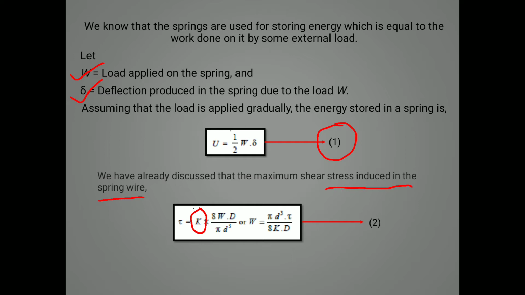The formula of K we have already discussed; it is the Wahl's correction factor, which is due to the curvature effect of a spring. So tau is K into 8WD by pi d cube, or W is equal to pi d cube tau upon 8KD. We give it as equation number 2.